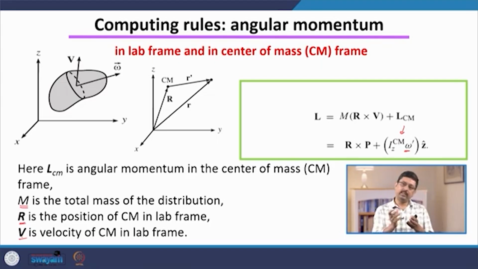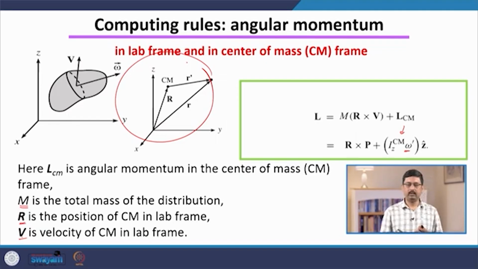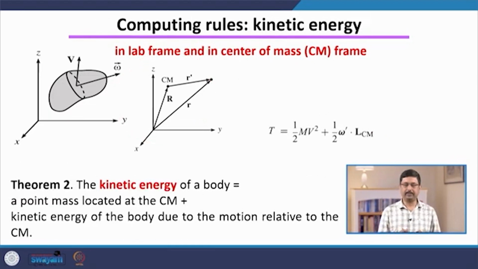If it is a fixed axis rotation, a simple rotation in a circle about the center of mass, then omega and L will be in the same direction in this particular case, and we can simply calculate the moment of inertia component along the appropriate axis times the angular velocity.